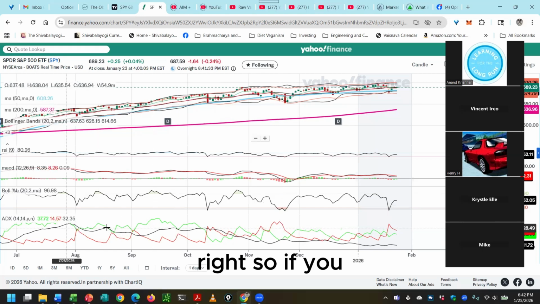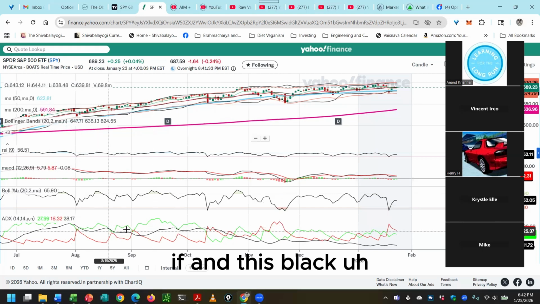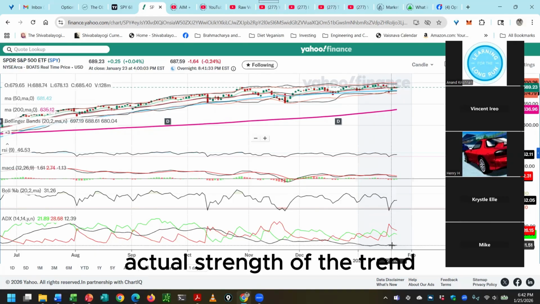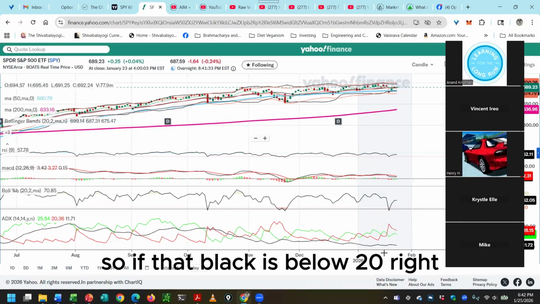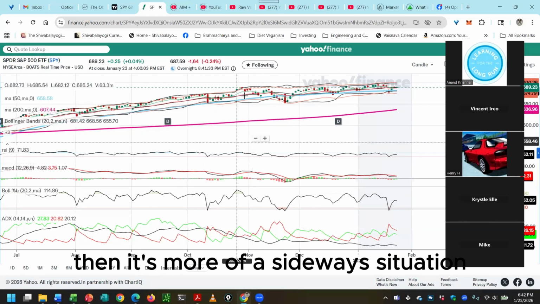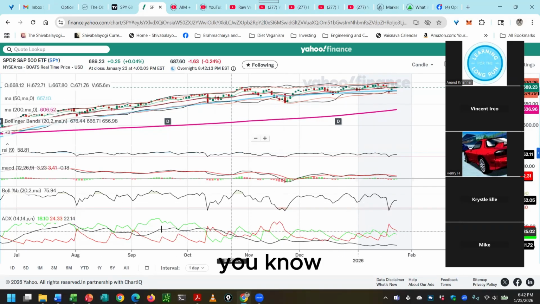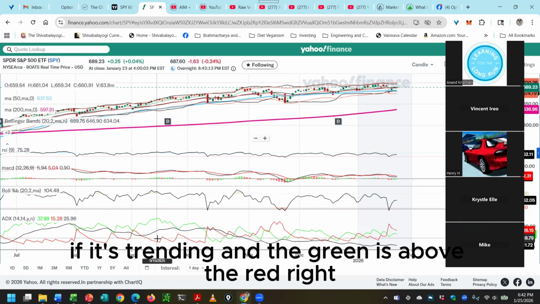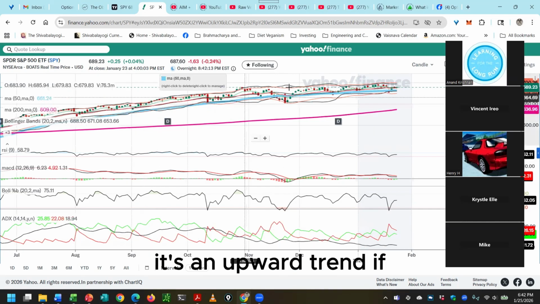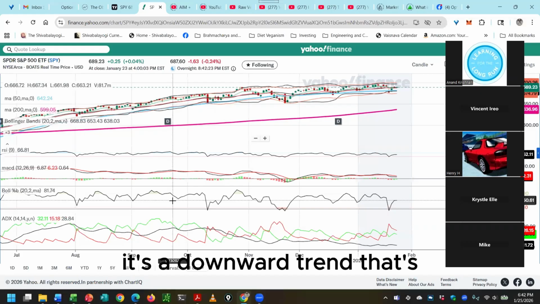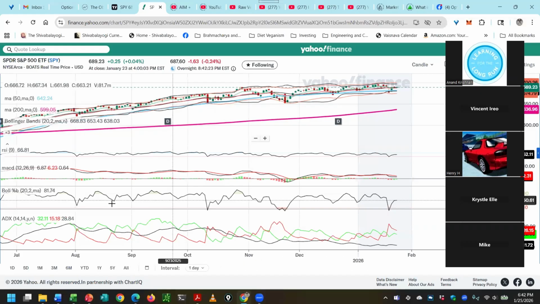The black line is the actual strength of the trend. If the black is below 20, it's more of a sideways situation. If it's trending and green is above red, it's an upward trend. If it's trending and red is above green, it's a downward trend. That's the basics of it.